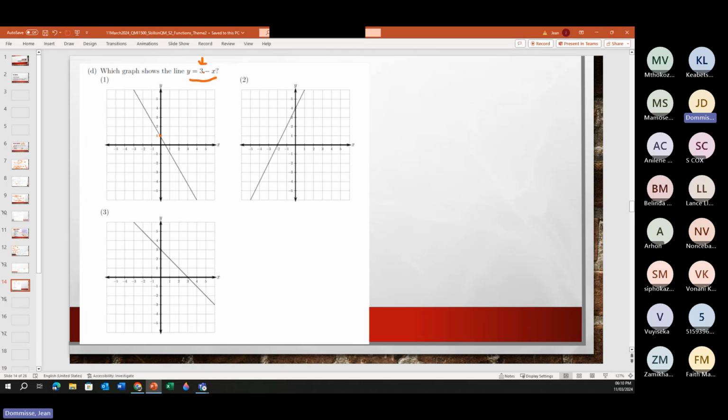That's 1, so it's not 3, so I can say that line is wrong. That's 4, not 3, so I can already say that one is wrong. Y equals 3, okay, so that one is correct.